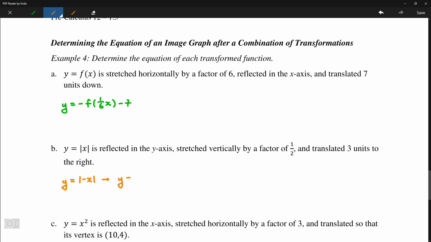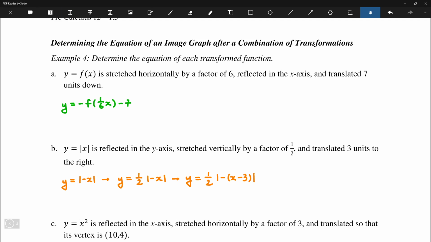So y is equal to 1/2 the absolute value of negative x. And finally, 3 units to the right, so x will be replaced by x minus 3. So finally, y equals 1/2 the absolute value of negative x minus 3. Like so.